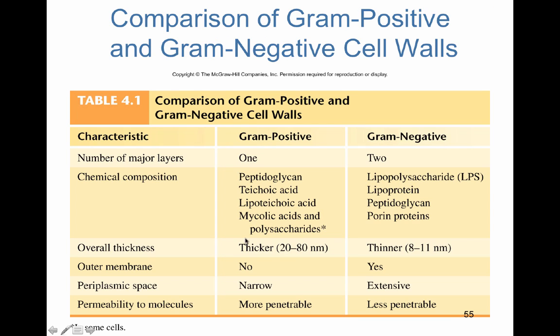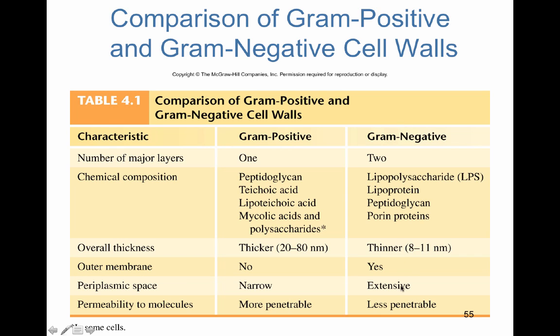So additionally, as far as the thickness of the peptidoglycan, I said that for gram-positive, it's 20 to 80 nanometers. It's a much smaller number here for gram-negative, 8 to 11. And the other thing I could point out here is that with regards to the periplasmic space, this is basically the space in between the cell membrane and the cell wall. It's super narrow in a gram-positive.